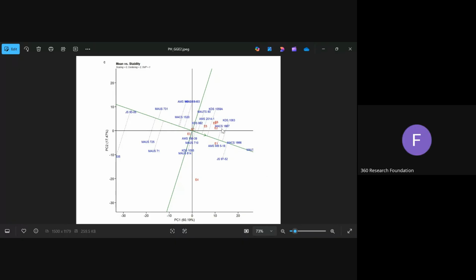Those three or four genotypes, you can say this 992 along with these two genotypes, are in the direction of the arrow end axis and near to the origin. So high mean means superior performer and more stability. Yes.